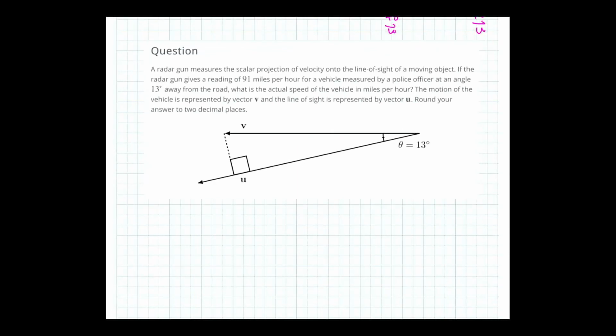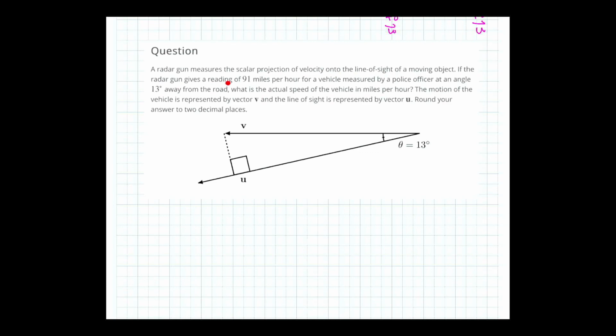So what's the point of this question? Well, let's read it and find out, right? So a radar gun measures the scalar projection, right? That's the comp one, of velocity onto the line of sight of a moving object.